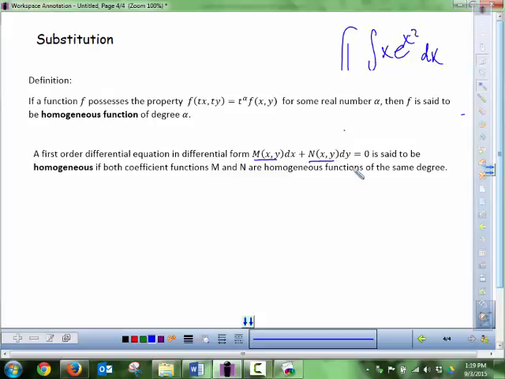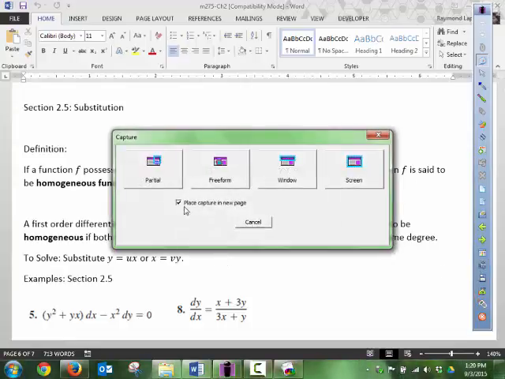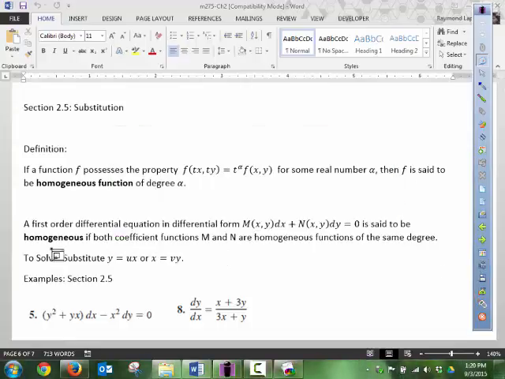Then you have a homogeneous differential equation. And if you do have a homogeneous differential equation, the substitution that you'll make is that you're going to introduce a new variable, and the new variable is either u or v.